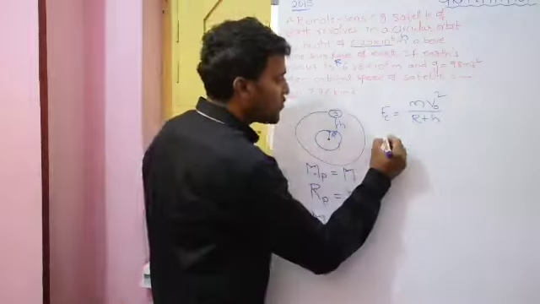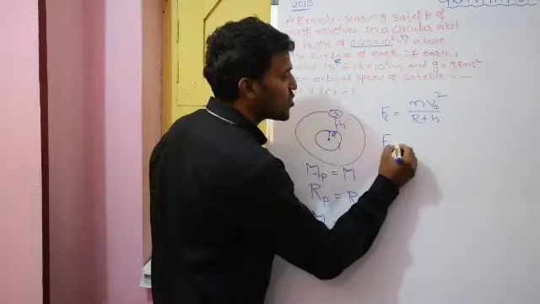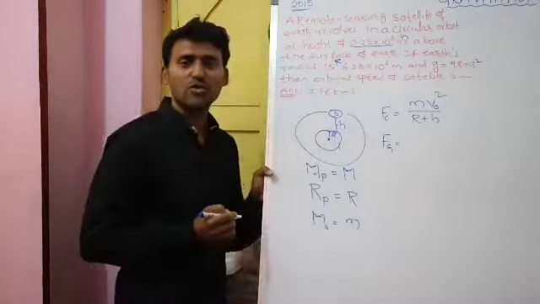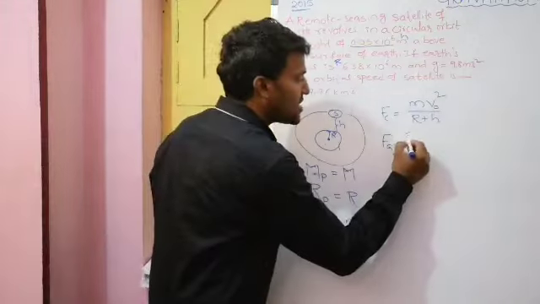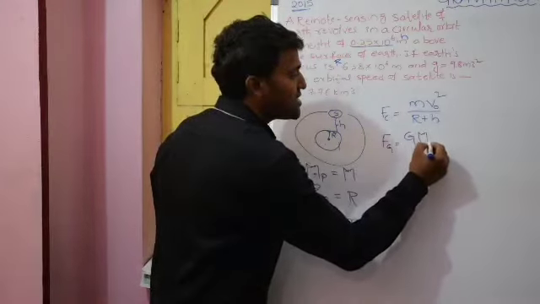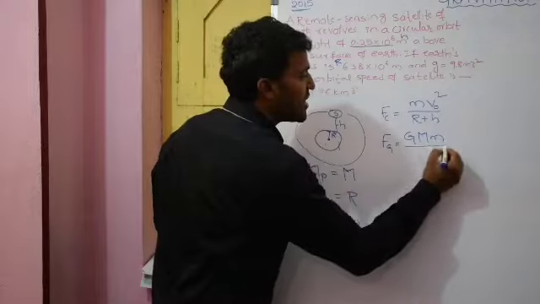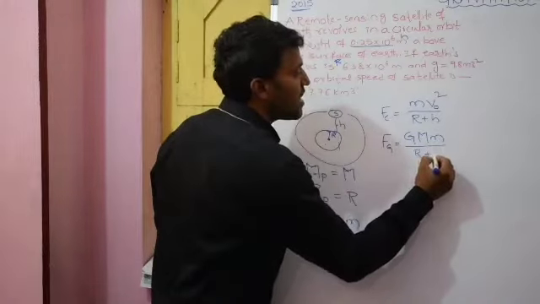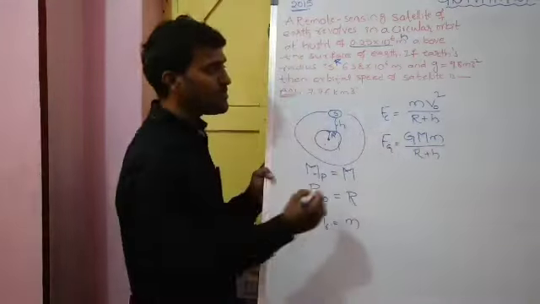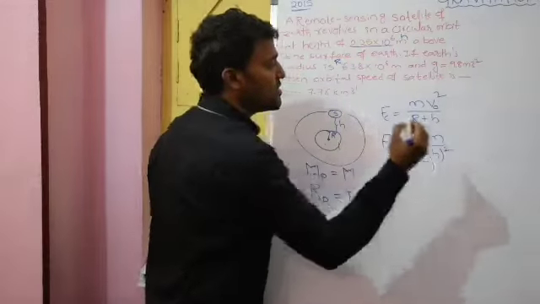So gravitational force Fg, what is the gravitational force formula? Capital G into mass of the planet, mass of the satellite, divided by the total distance R plus h whole square.